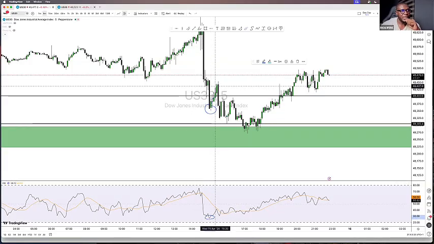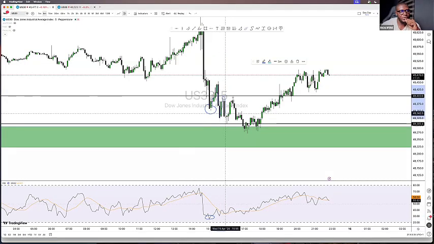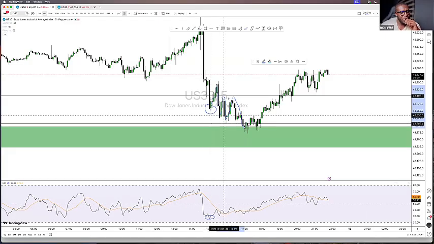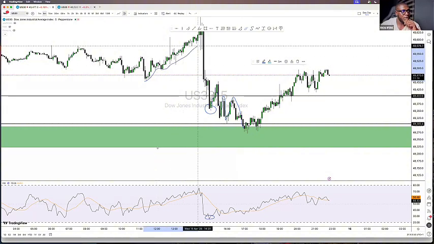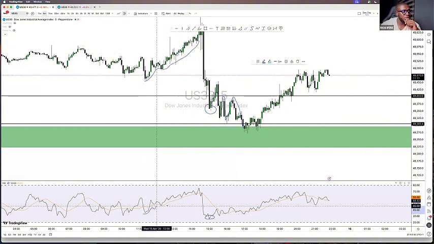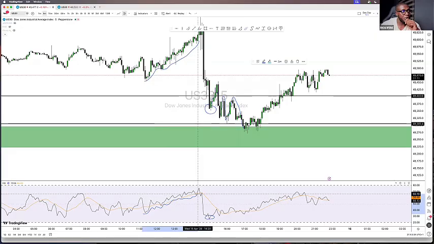Now, what started happening here? Prices started to create lower lows and lower highs coming back down. But look, the RSI wasn't creating lower lows and lower highs. Can you see when the market was bullish here, the RSI was also bullish, going up?